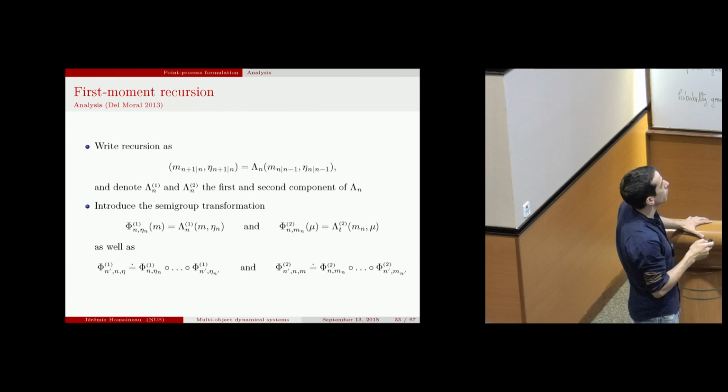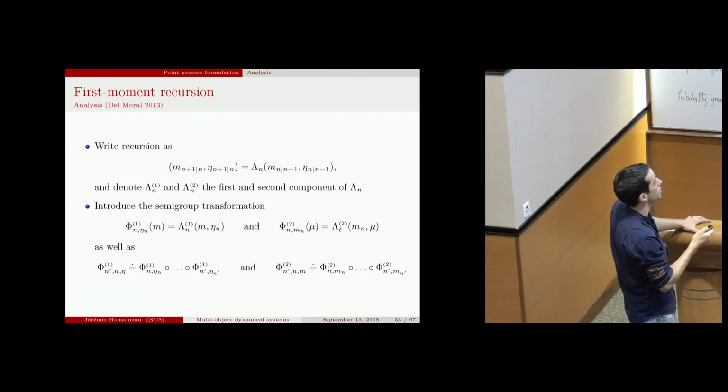Here, instead of propagating the first moment, we have a normalized version, eta, and the total mass. Of course, from those two terms, just by multiplying, we can recover the first moment, but it happens that it's actually easier to do the analysis in this form. This operator here is just prediction and update together, right?